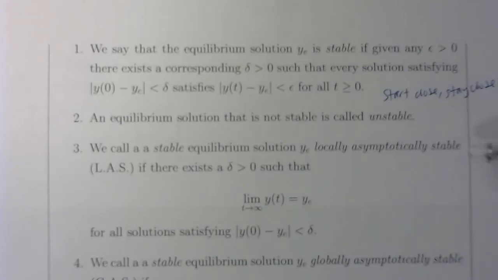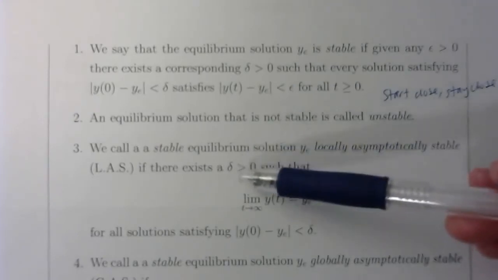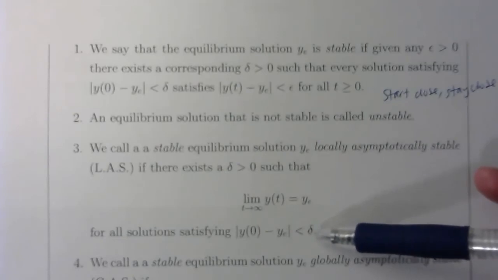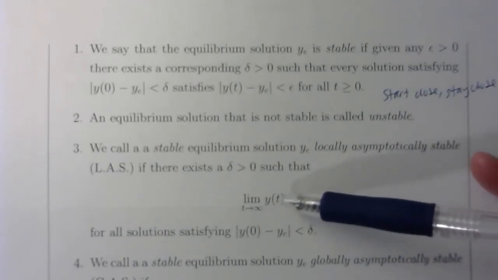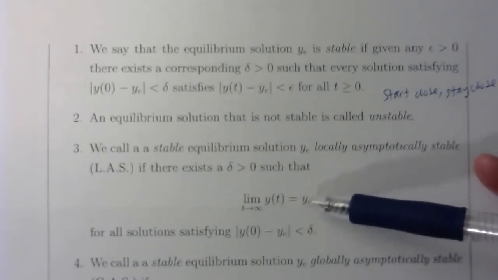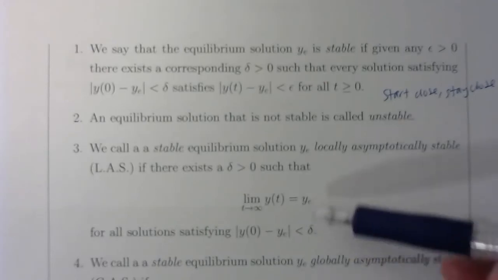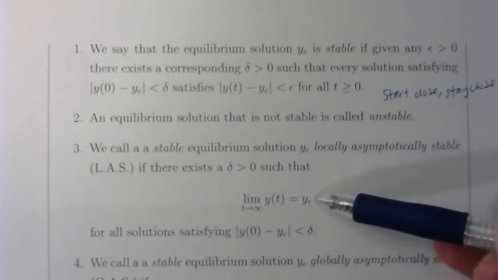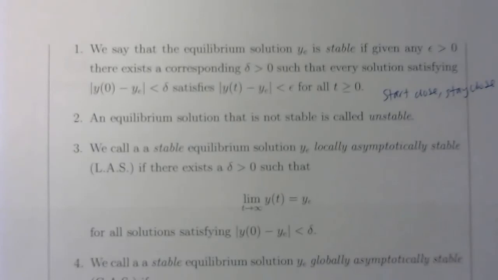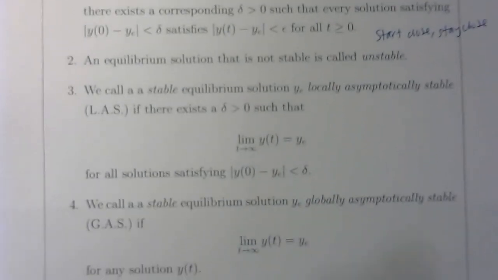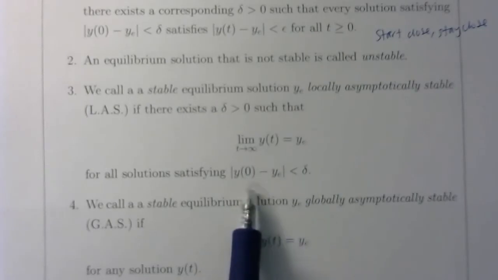A locally asymptotically stable equilibrium solution is one such that if I start within a range of delta, as t goes to infinity, all of my solutions are going to approach the equilibrium. So this is start close, not only stay close, but approach. So you will approach the equilibrium asymptotically. An even stronger version relaxes the condition that you have to start close.